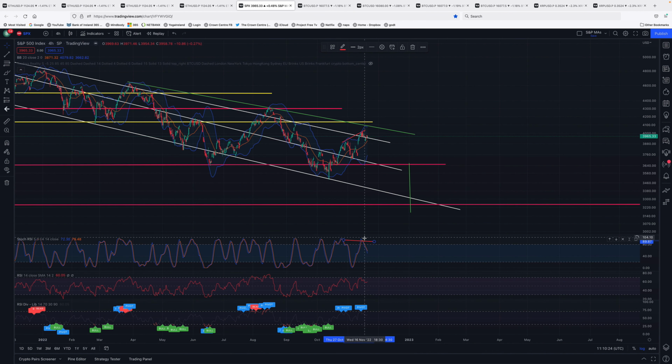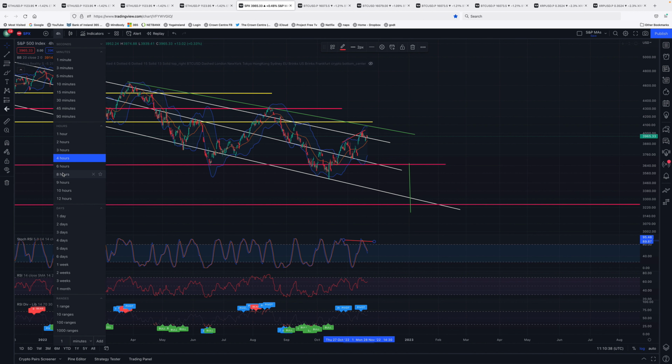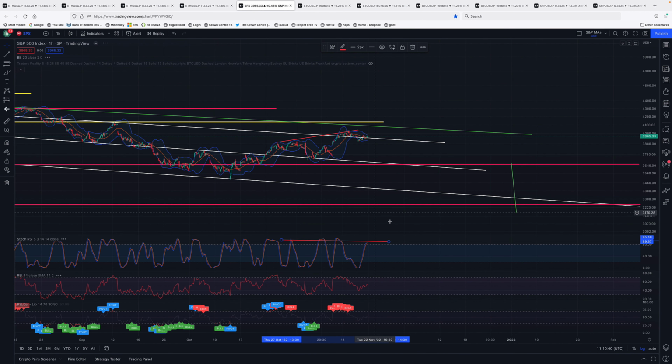The 4 hour is indicating downwards movement. So we have until New York opening for crypto to do a bit of a breather, and New York might continue with more of a push down when the futures market opens, and that will give us another push down in crypto.